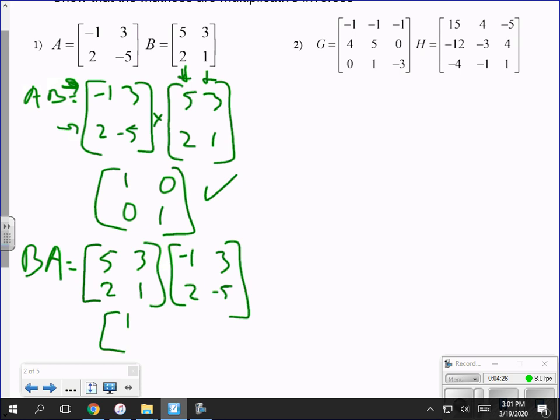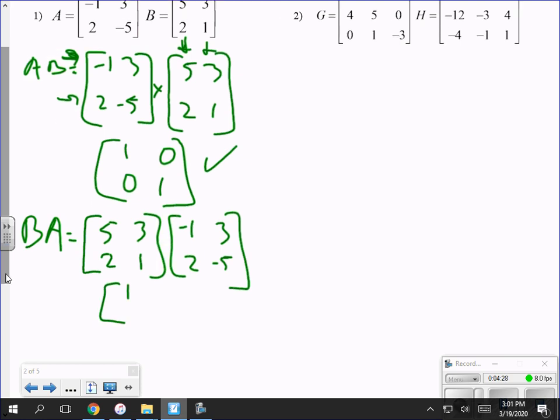And lo and behold, I get 1 in the top. And then I do the same thing here. I do 2 times negative 1 and 2. And I get 0 again. 5 times 3 and negative 5, and I get 0. 2 and 1 times 3 and negative 5, and I get 1 again. Check, so they are inverse matrices.